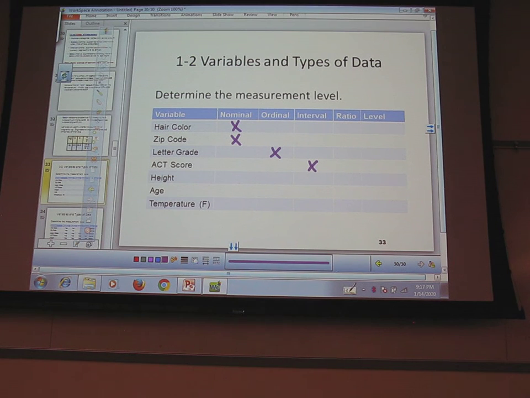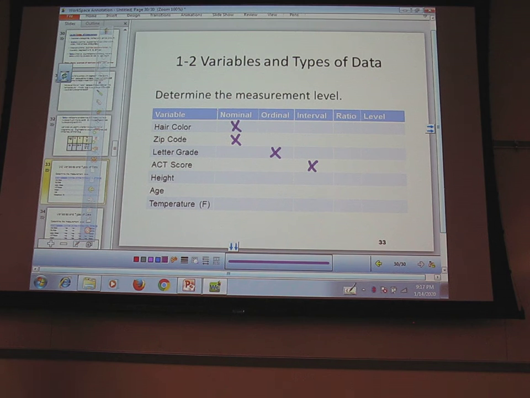Height. Can you rank heights? Is someone who's 6'2" taller than someone who's 5'11"? Yes. So there is a ranking to it. Is the difference between exactly 5'1" and exactly 5'2" the same as the distance between 5'6" and 5'7"?